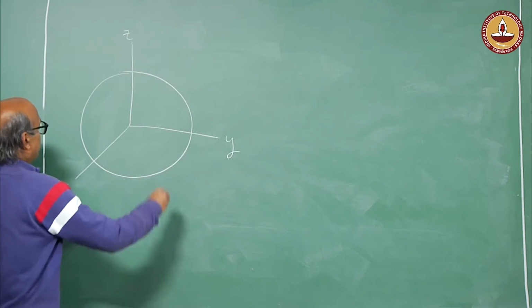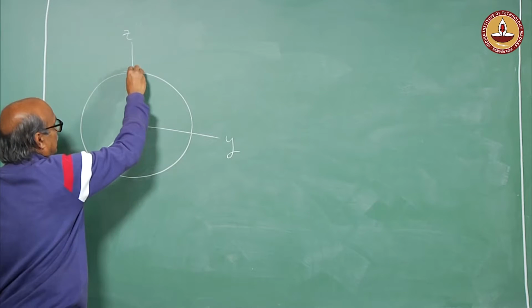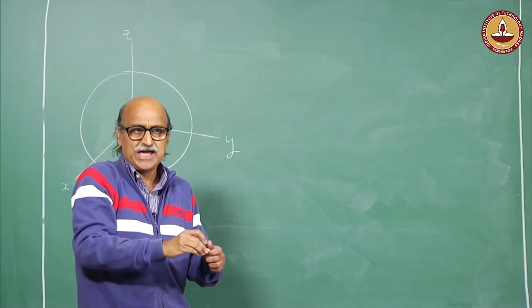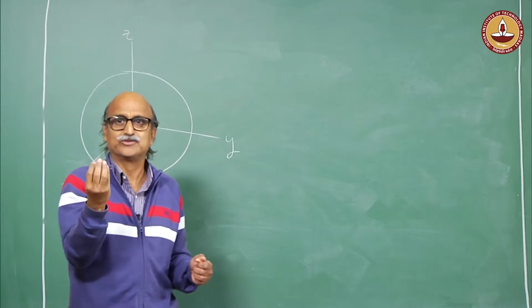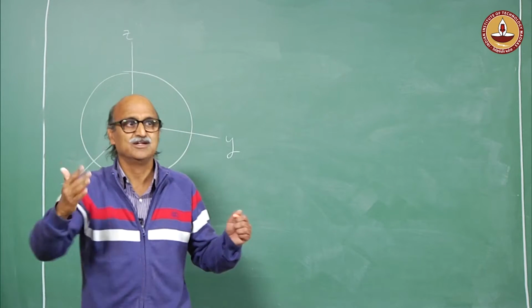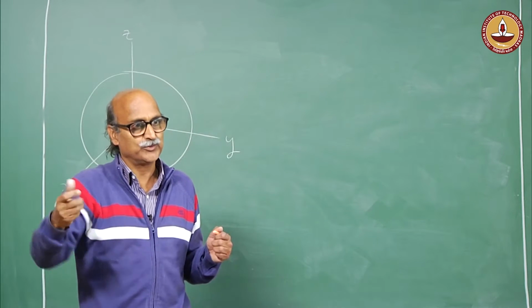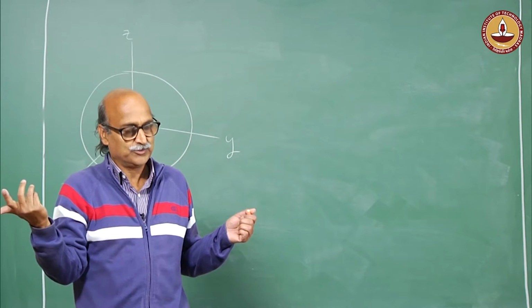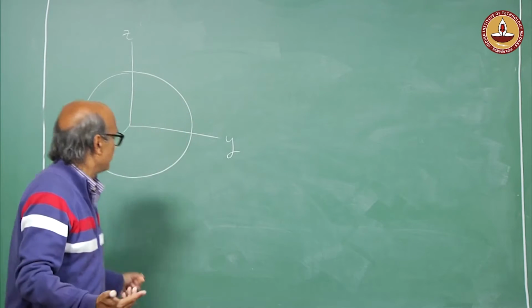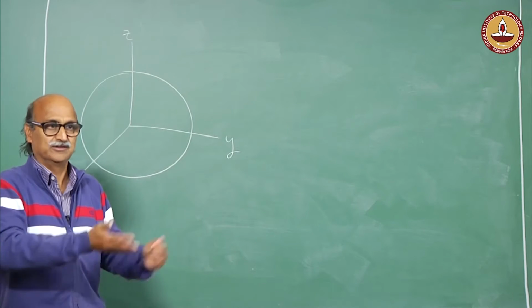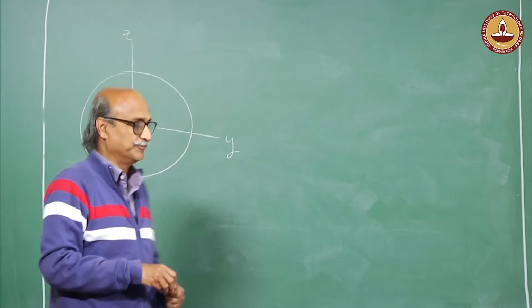I can divide the entire surface into latitudes and longitudes with angular distances between them as infinitesimal angles. So, I will require 2 angles, one for latitude, the other for longitude. In order to define an orientation in space in 3D, I require 2 angles instead of 1 angle. In the 2-dimensional case, I require 1 angle.